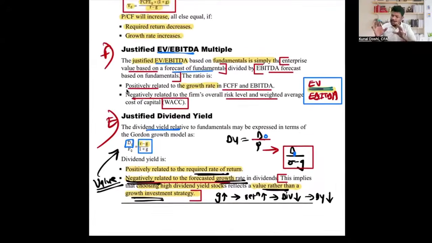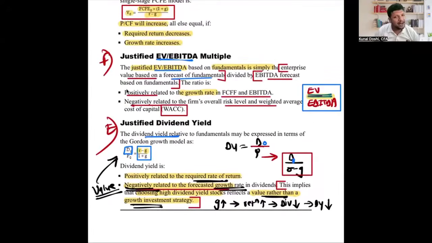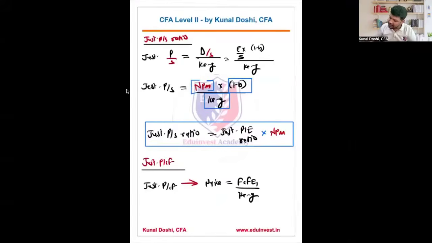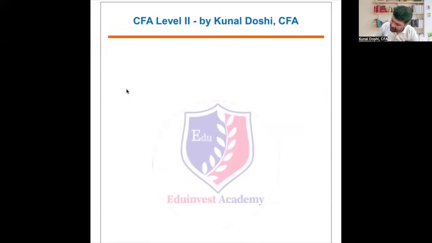Dividend yield, dividend over price, is actually the inverse of the P/E ratio. If you see dividend yield ratio, so very interesting thing. I will now add justified EV/EBITDA ratio.